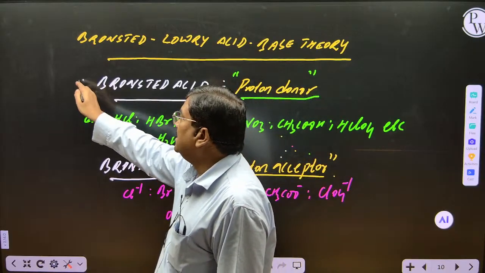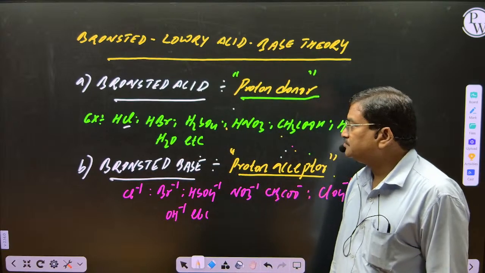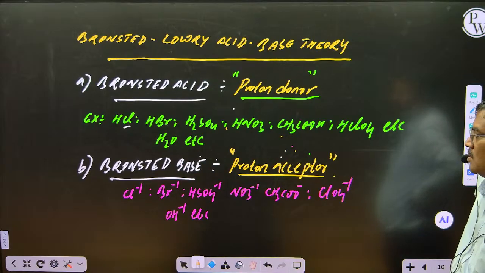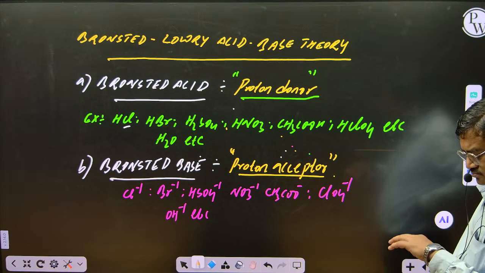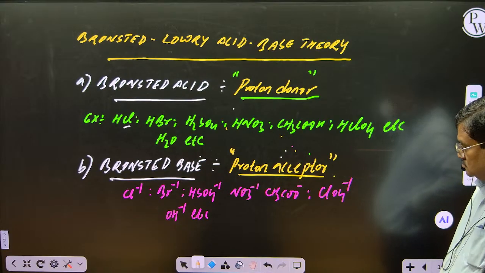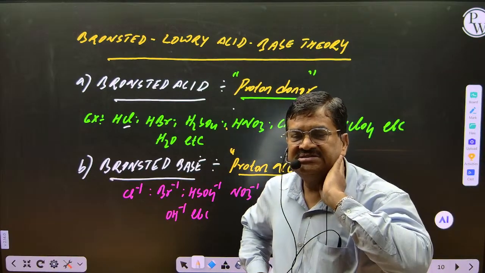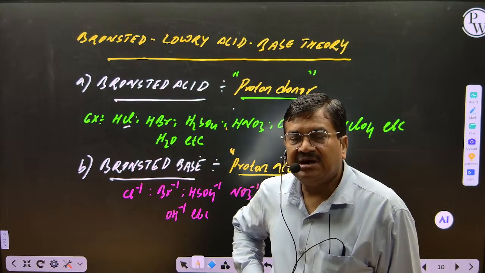All of you saw the difference between Bronsted acid and Bronsted base. Clear, understood, students? Bronsted acid means proton donor. Bronsted base means proton acceptor.